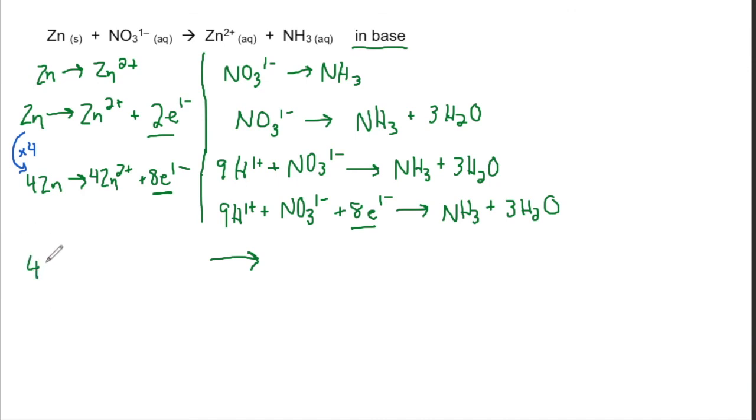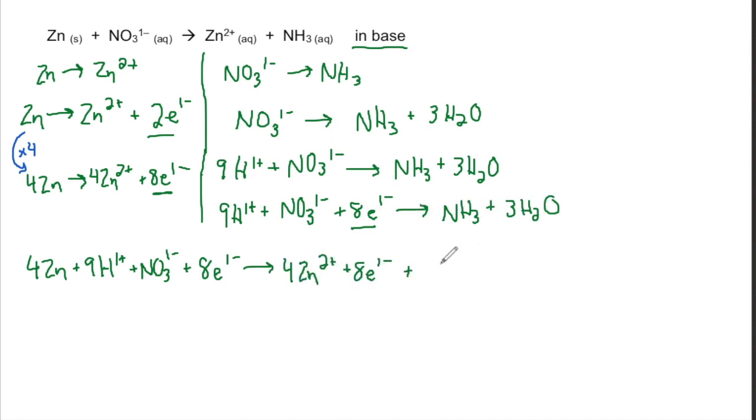On the left side we have 4 zinc, 9 hydrogens, a nitrate, and 8 electrons. Then on the right side we have 4 zinc ions and 8 electrons, and over here an ammonia and 3 waters. Okay, so now we come to step 8.